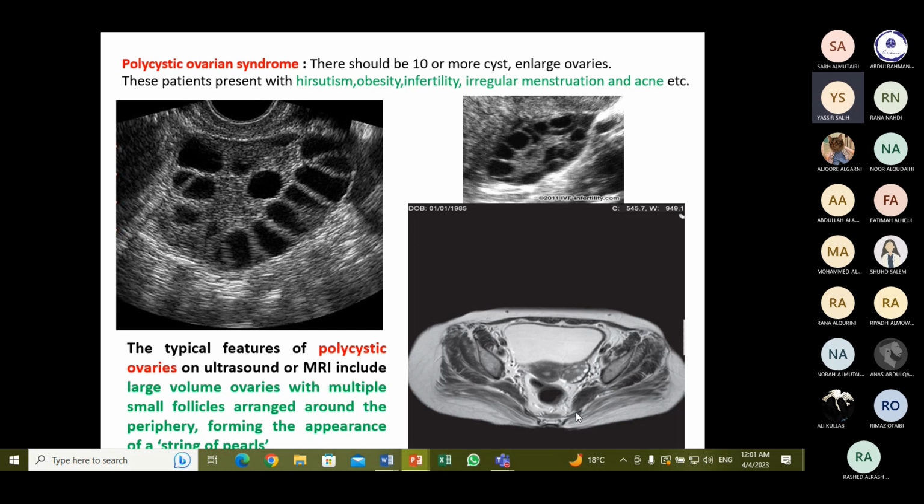So the typical features of polycystic ovary on ultrasound or MRI: first, the ovary should be bulky and large; second, the multiple cysts are peripherally located. We said the characteristic feature is the string of pearls appearance. So these are the features of polycystic ovary.